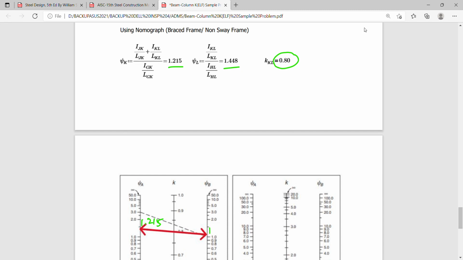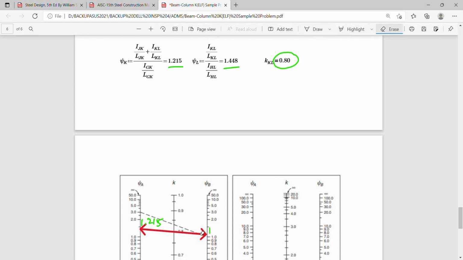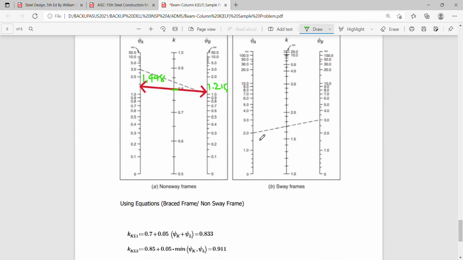Sorry, they were interchanged, no? It doesn't really matter if you use the left or the right value, it will just give you the same answer. So your K value here actually intersects the K line at 0.80. So that is your value of K KL.